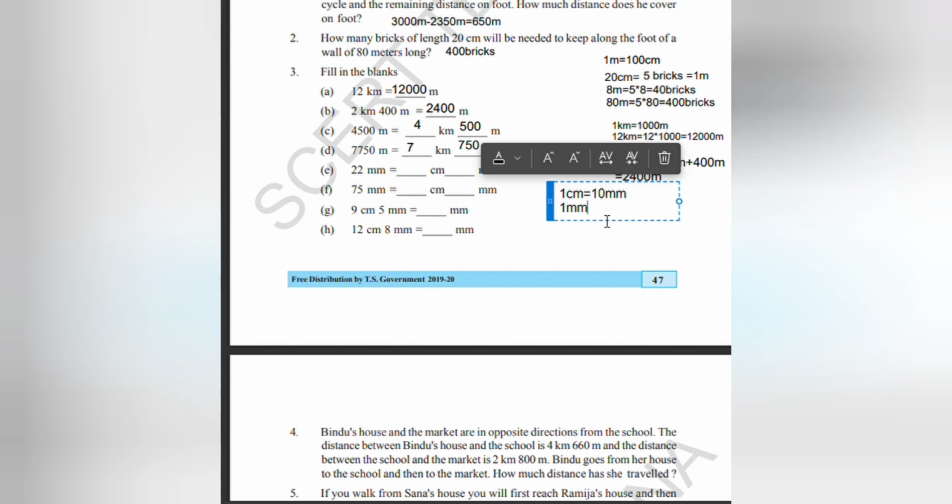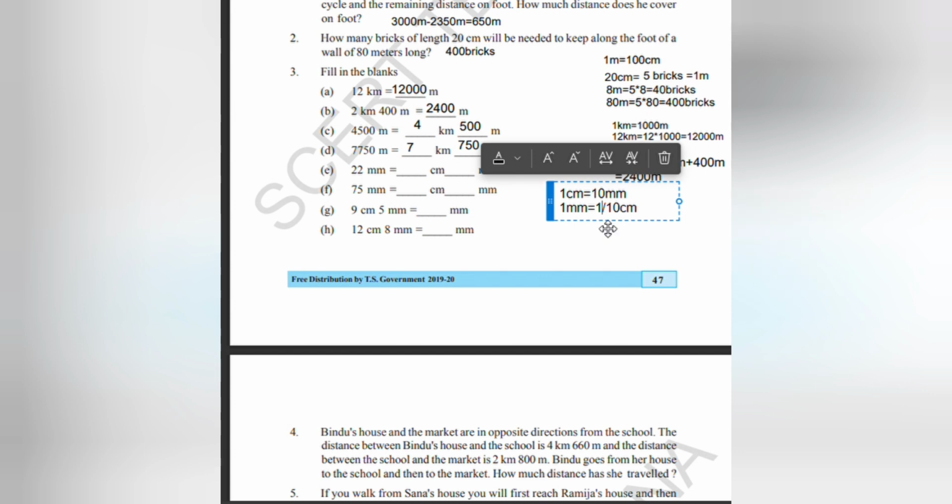So 1 millimeter is equal to 1 by 10 centimeter. Okay, clear? That is, 1 centimeter is equal to 10 millimeter, so 1 millimeter will be equivalent to 1 by 10 centimeter.